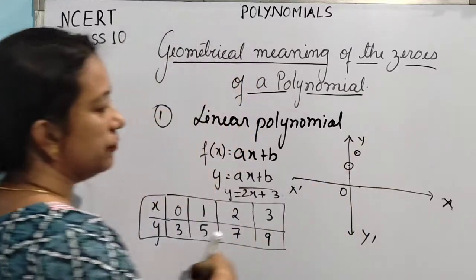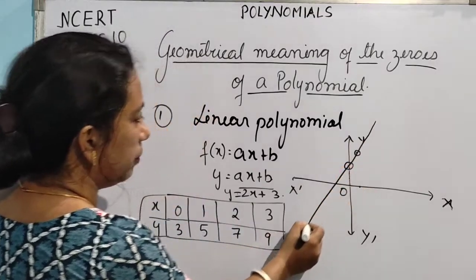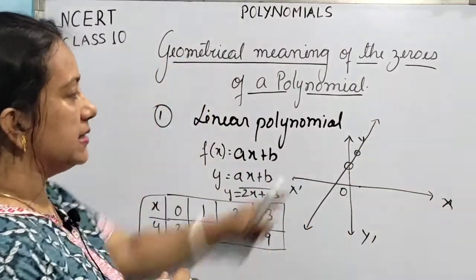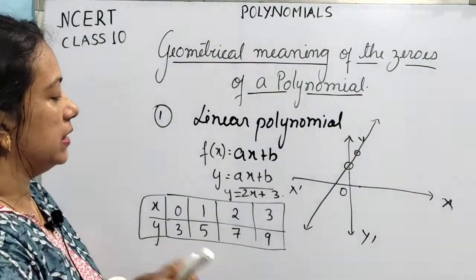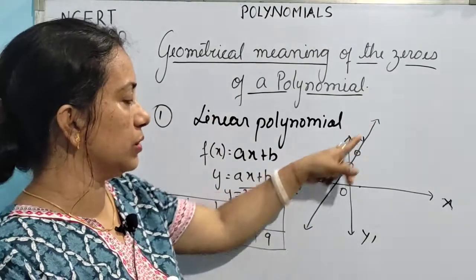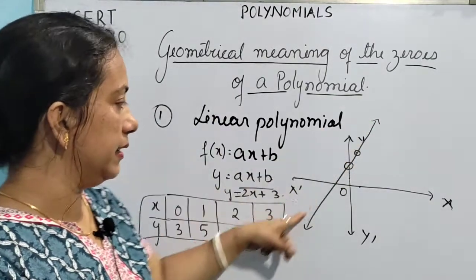Like this we will be getting different points, and then just joining these points we can draw a line. This line represents the graph of this linear polynomial. The name linear also came from this, because we are getting a line. So this is a linear polynomial.